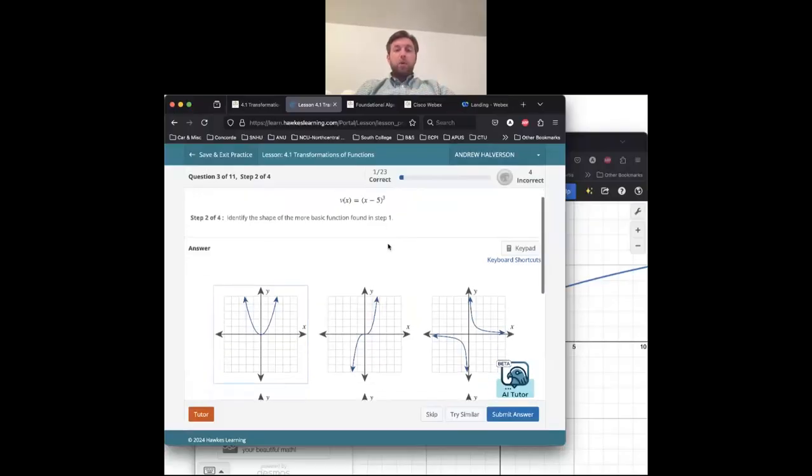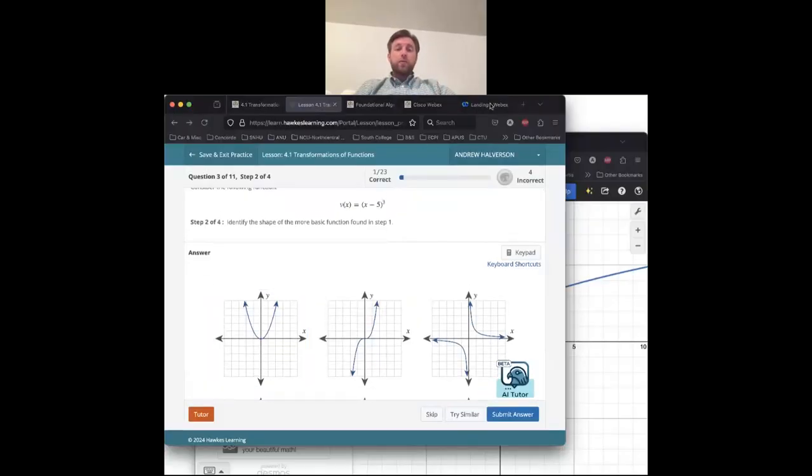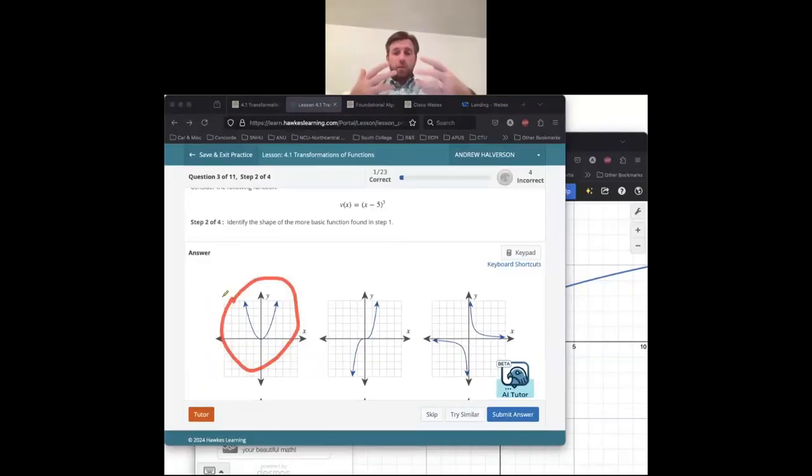Okay, identify the more basic shape. And this sort of builds upon what we did yesterday. What is the basic shape for this one? What's the function? What would you say? Does anybody remember? Well, this is a parabola, so the basic shape corresponds to x squared.